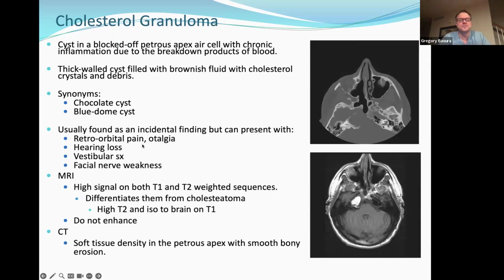symptoms. And maybe Dr. Welling can comment on this as well, is that many times, once patients find out they have one of these, all their symptoms are related to that.